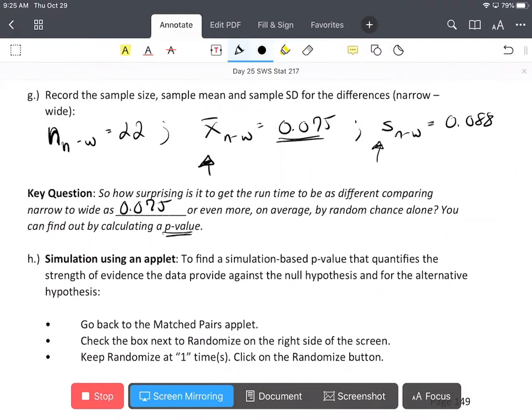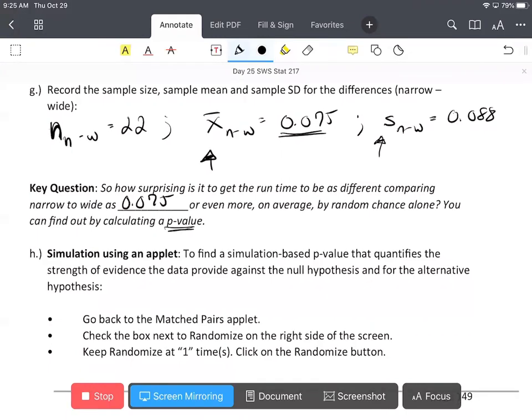So the evidence that the data provide against the null and for the alternate. Remember, we can never find evidence for the null, right? We can find evidence for the alternate and against the null, but never for the null.